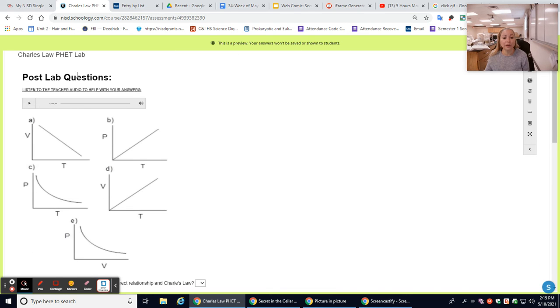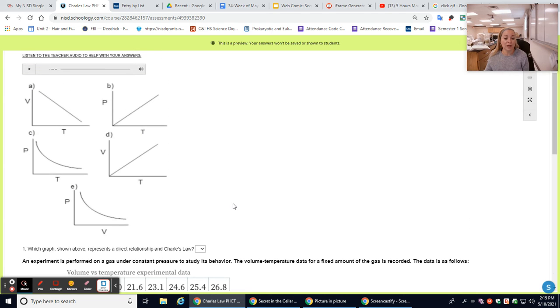Okay, so again, I put another audio here, similar to what I'm doing, but this is more visual. We talked about how temperature is what you're the one increasing or decreasing. That's your independent variable, so that should be on the x-axis of your graph.